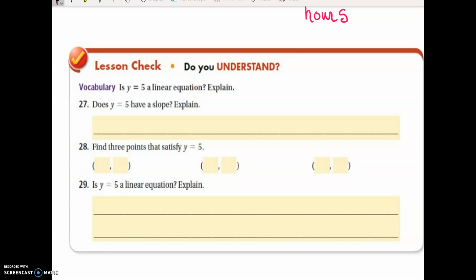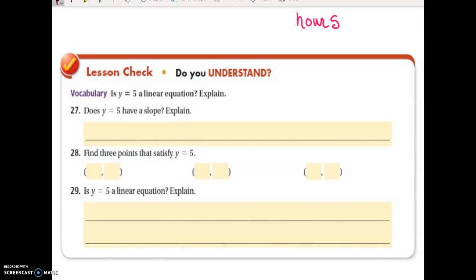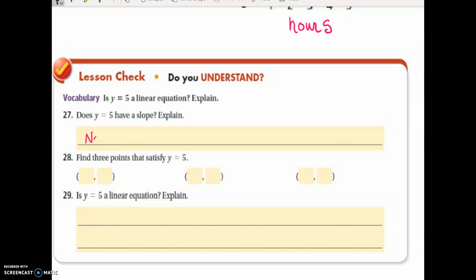Well, think about, does it have the variable x, and does it have a coefficient in front of x? Because that is the number that represents slope. So in this case, does y equals 5 have a slope? The answer would be no. In this case, it represents a horizontal line.